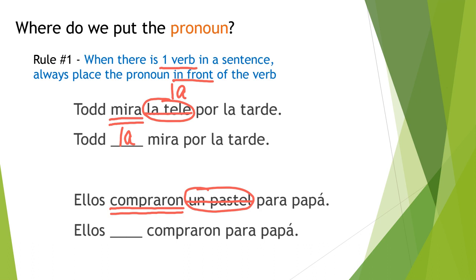In this case, since this is a singular masculine noun, we're going to replace it with the direct object pronoun lo. And again, since we have one verb in our sentence, we're going to put our pronoun in front of the verb. So it ends up being ellos lo compraron para papá. They bought it for father.